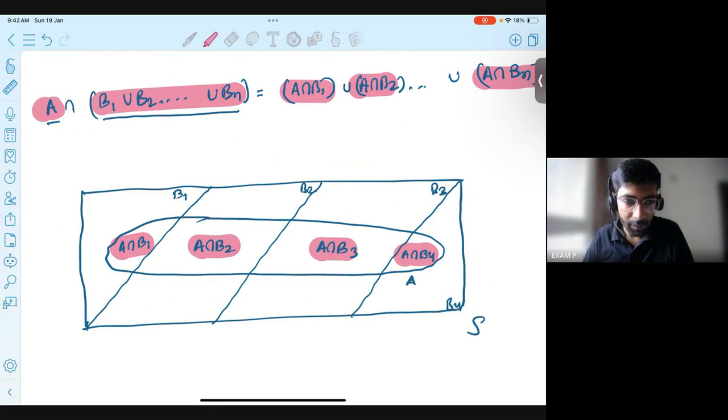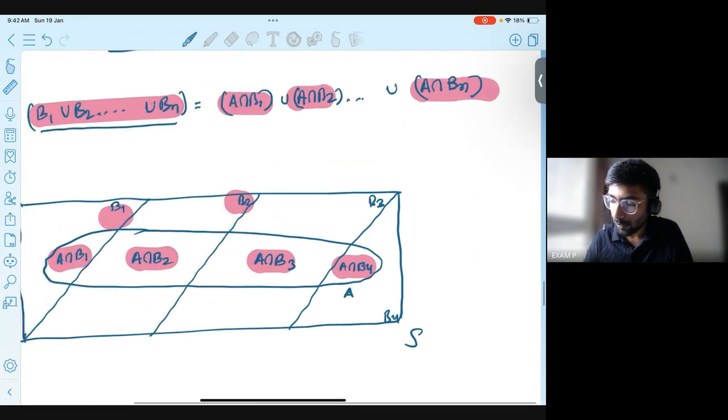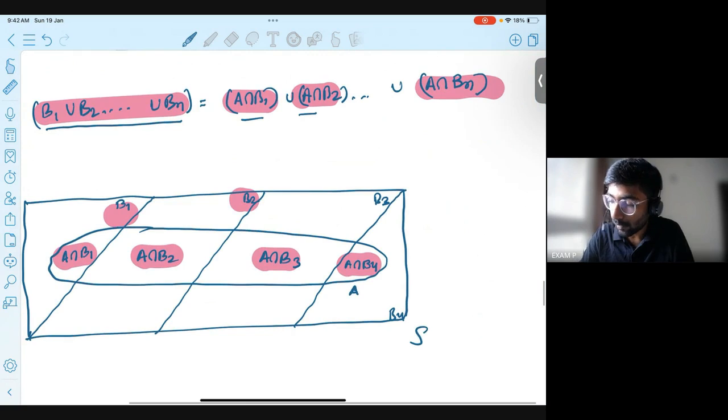A intersection B1 is separate from A intersection B2, just because B1 and B2 were mutually exclusive. There was nothing in common, so here also there is nothing in common. Of these n different intersections, there is nothing in common, and together they make the entire set A, right?